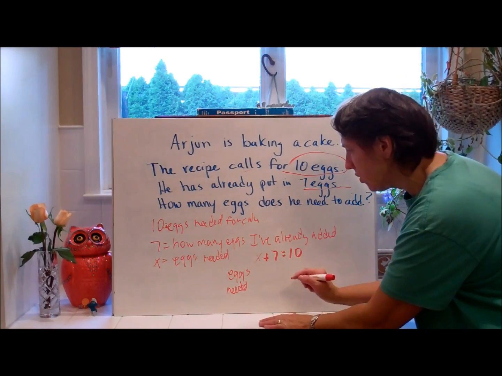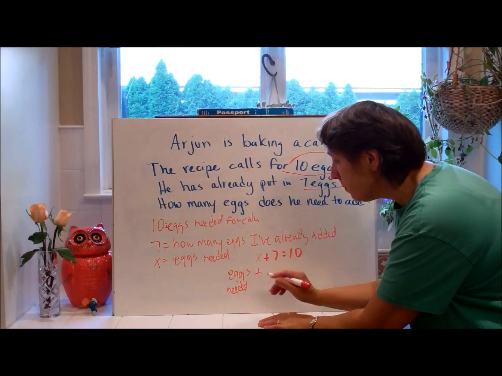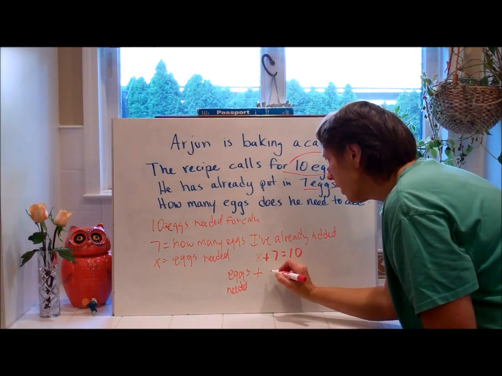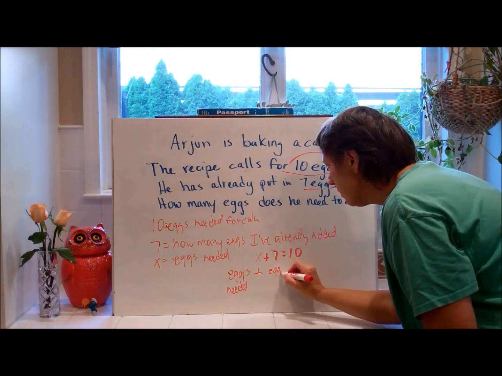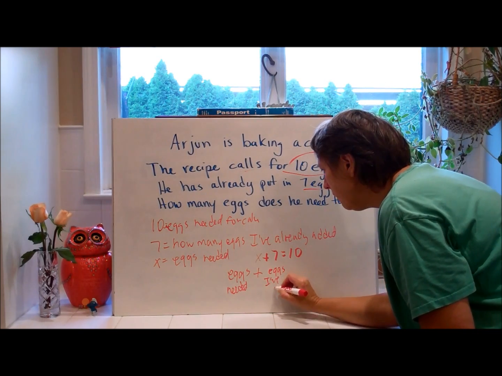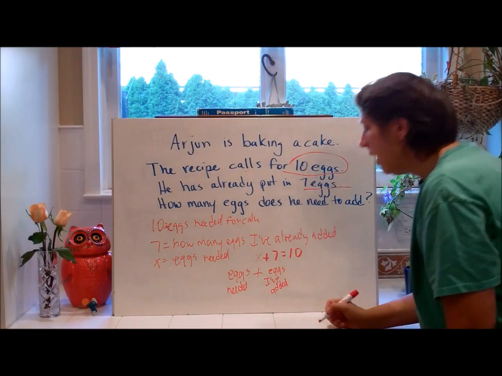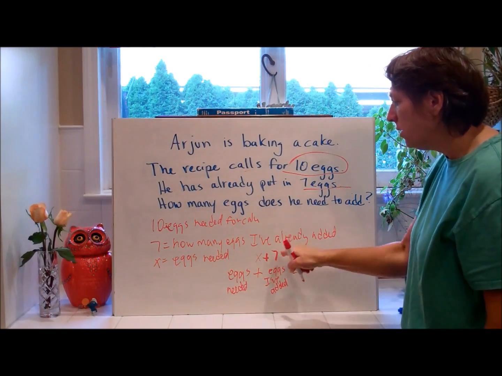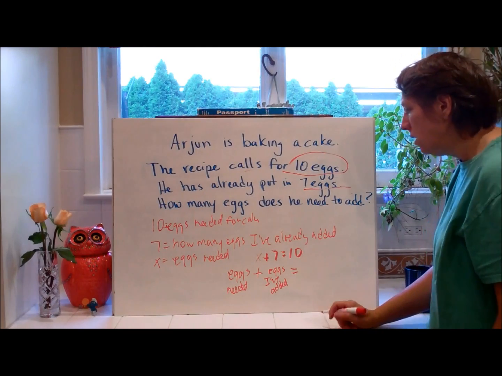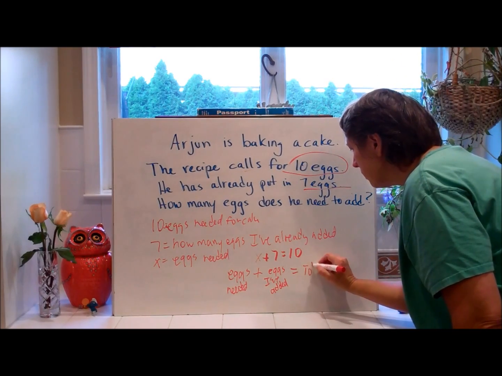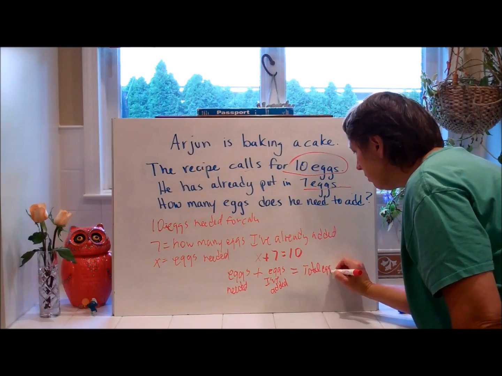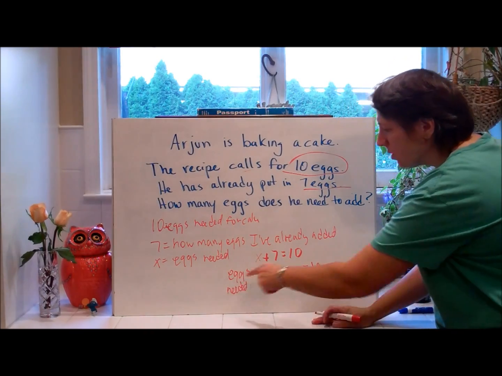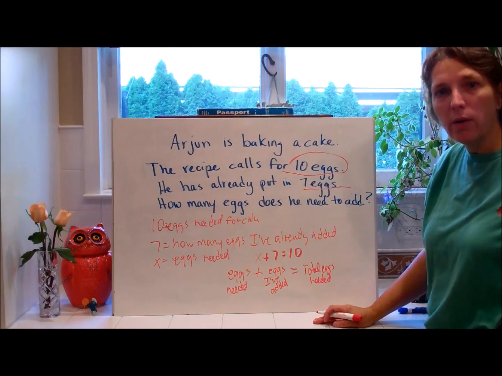So I go plus, because I'm plugging it into the equation, eggs I've added. Equals, because a verbal model is written just like the equation, total eggs needed. That is your verbal model. There are no numbers. That is your verbal model.